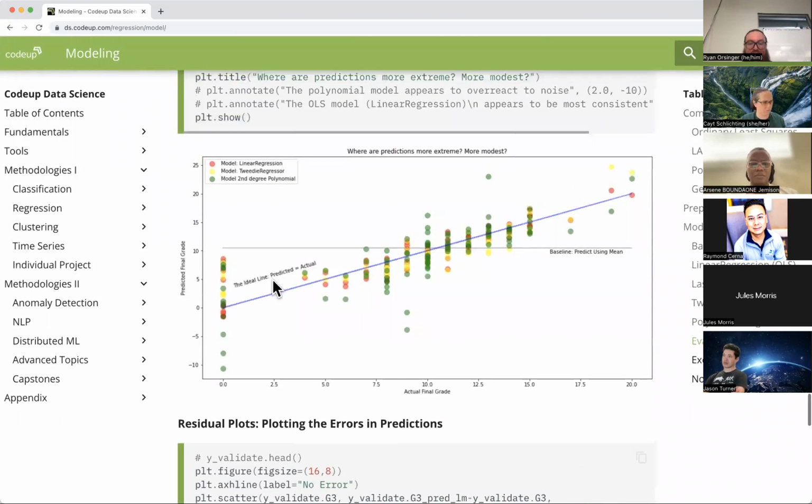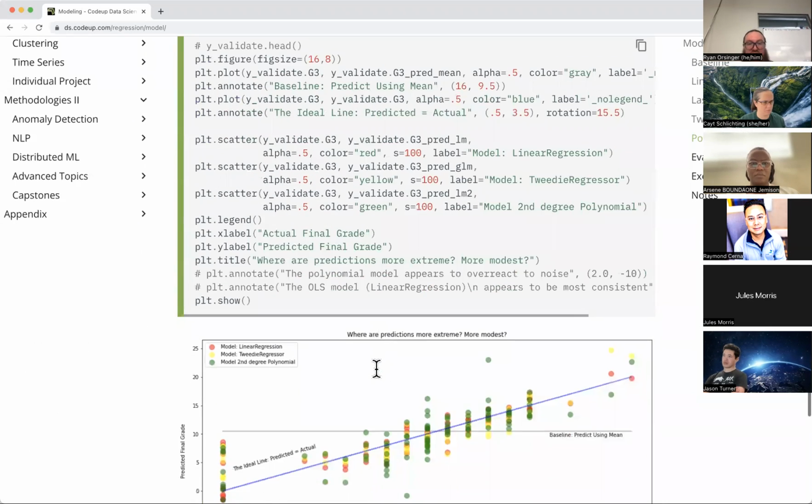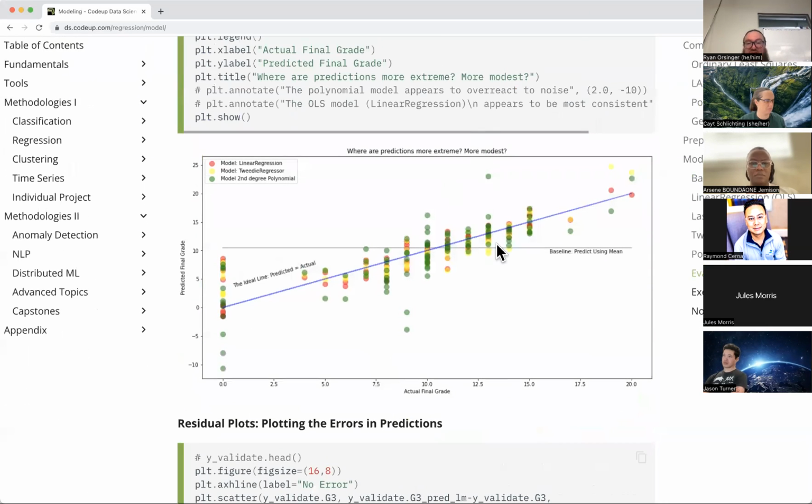So the actual versus predicted: the ideal line here, this blue line, would be if you had a perfect model. All of your predictions were in fact accurate. So if we see that one of these color models is trending more tightly around this line, that's a good thing.